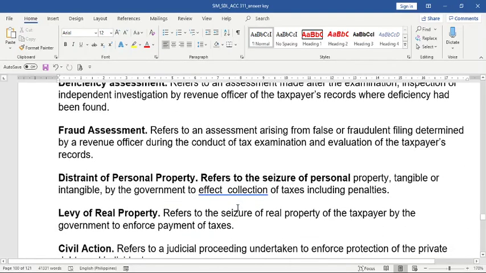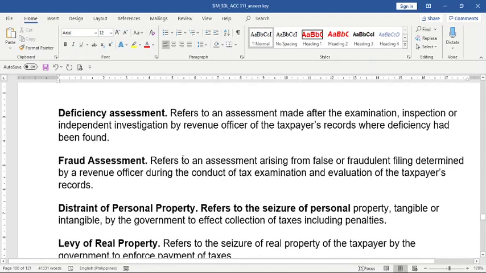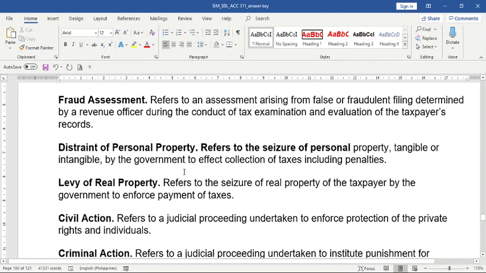Then we have distraint of personal property, the seizure of personal property, tangible or intangible, by the government to effect collection of tax, including penalties. So the government can take the personal property of the taxpayer because of a deficiency assessment and also a fraud assessment, for the collection of taxes, including penalties.